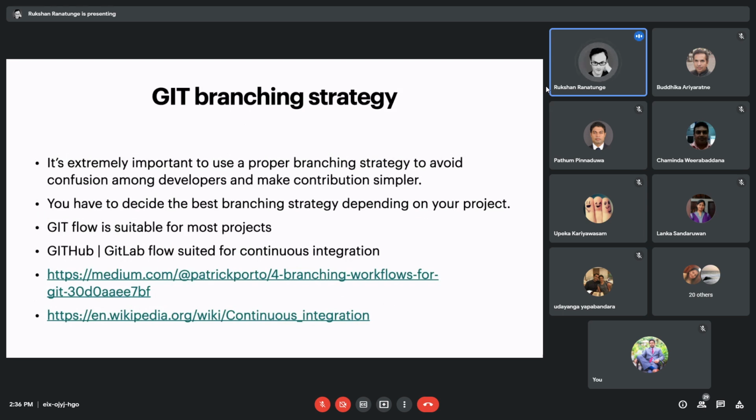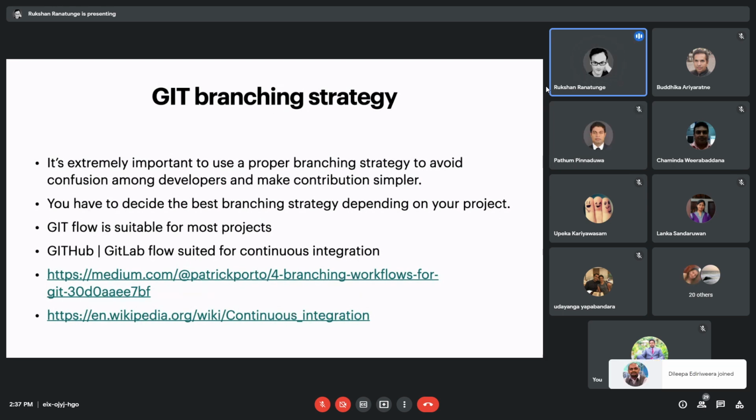And because of that, we had to find a Git branching strategy. I know most of you might be familiar with Git, but you might not know about a Git branching strategy. So it is important to use a proper branching strategy to avoid confusion among the developers and to make contribution simpler.